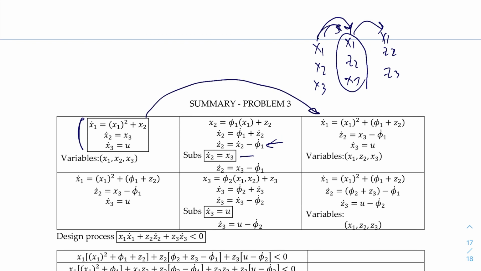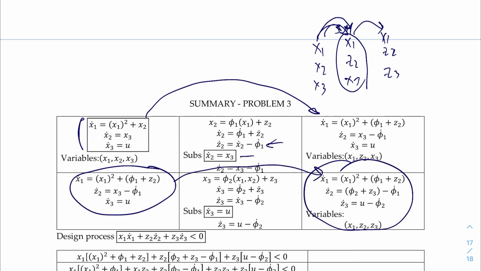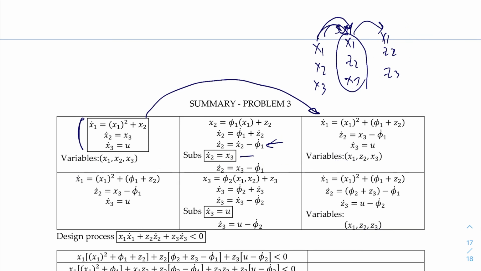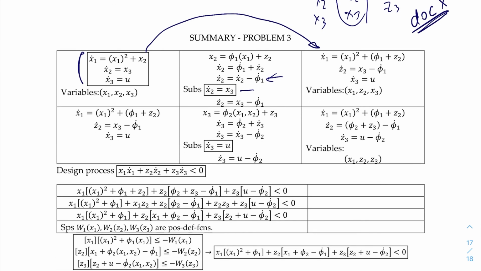From here to here, and again here to here. The basic idea is that. And that's why I include this docx file in the GitHub folder, that hopefully you will find through the link in the description.